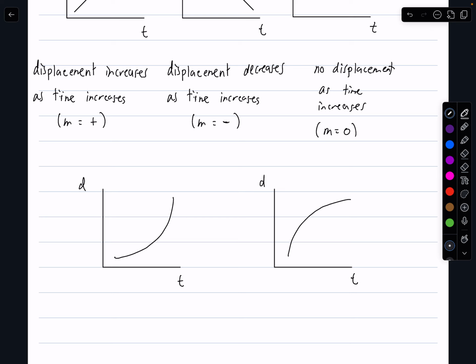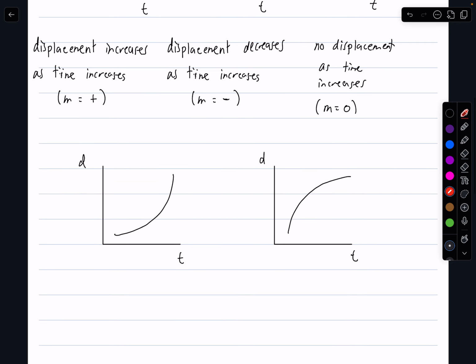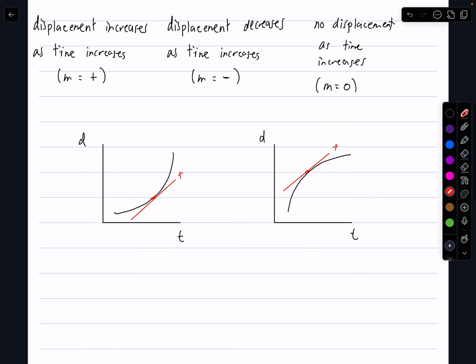So if you look at this, we know that these functions are increasing functions because if we take a slope at any of these points, these are positive slopes. Therefore, we know these are increasing functions. So both of these are increasing functions.